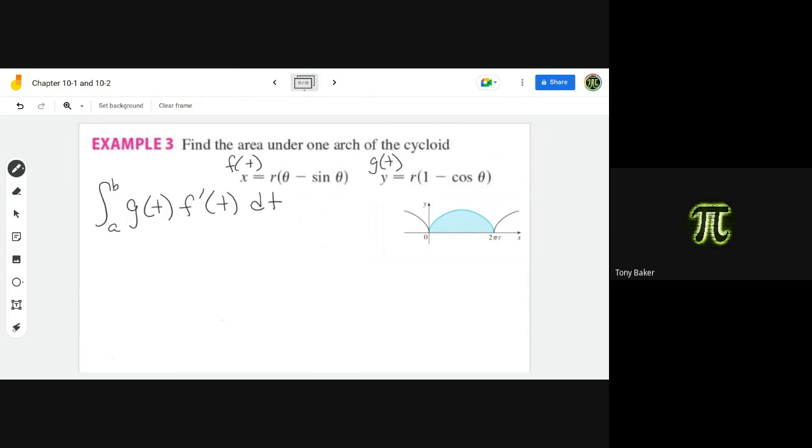It doesn't make much of a difference. So what is the derivative of that? That's step one. What is f prime of t, or f prime of theta? Just a quick question, will X always be the X? Yes.